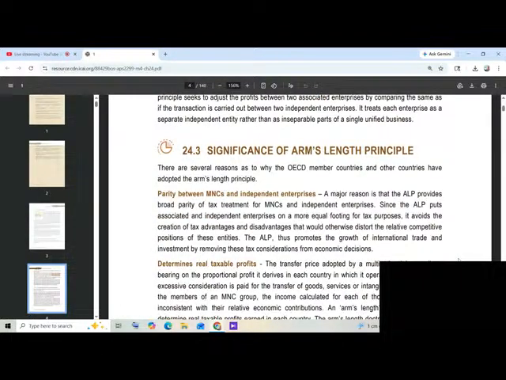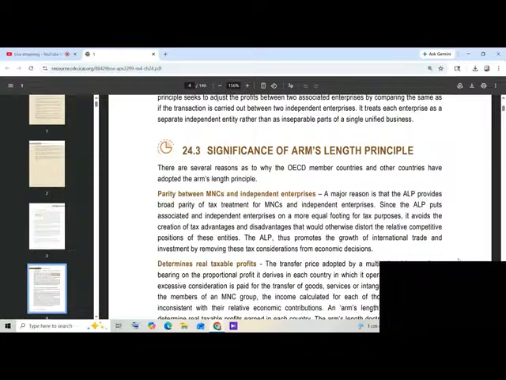There are several reasons why the OECD member countries and other countries have adopted the arm's length principle. Parity between MNCs and independent enterprises. A major reason is that the arm's length principle provides broad parity of tax treatment for MNCs and independent enterprises.